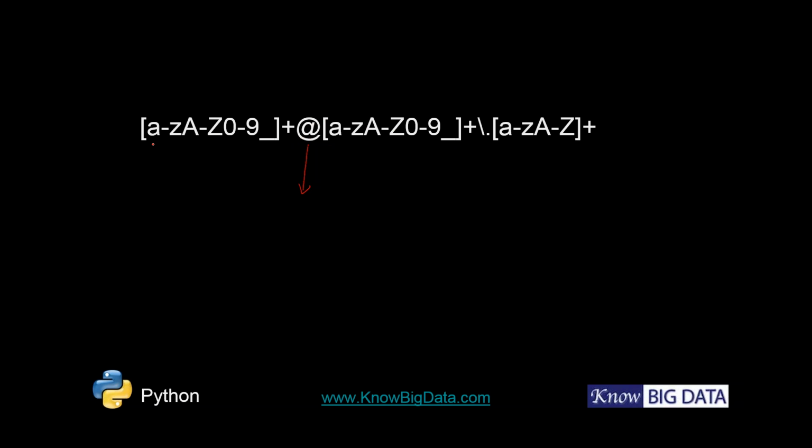I'm saying A to Z or capital A to Z, so that's basically all alphanumeric, right?